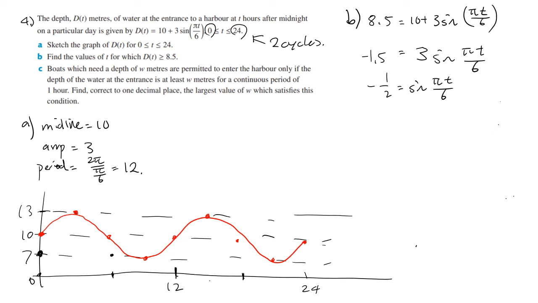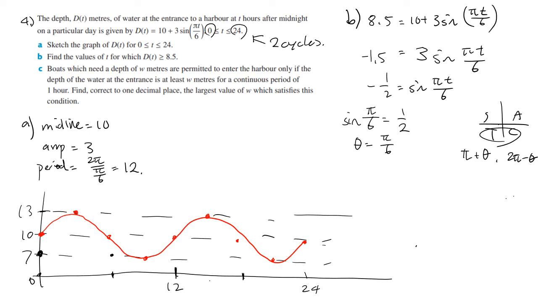So we know, using the CAST diagram, sine is negative in the third and fourth quadrant. So our solution would look something like this: pi plus theta and 2 pi minus theta. To find theta, we know that sine pi on 6 is equal to half, so theta is pi on 6.